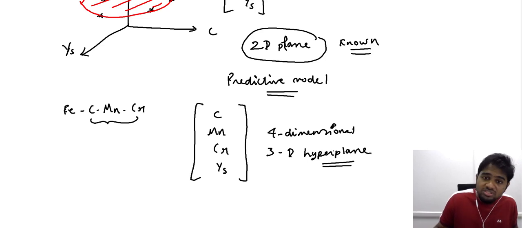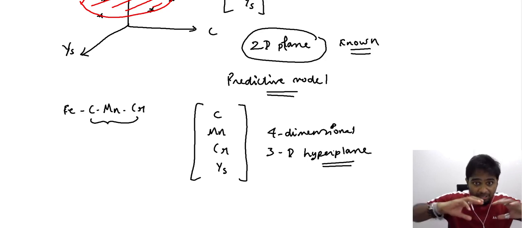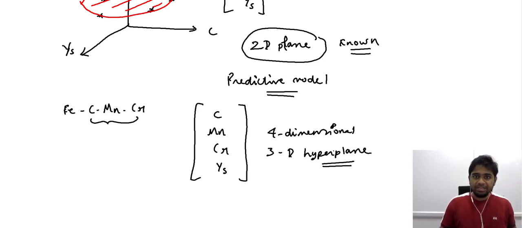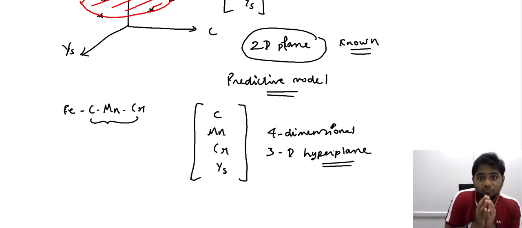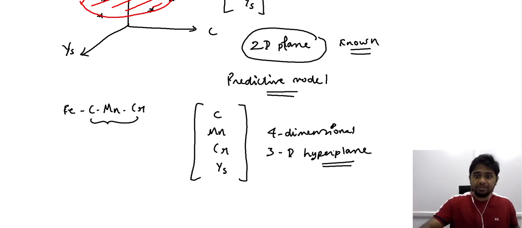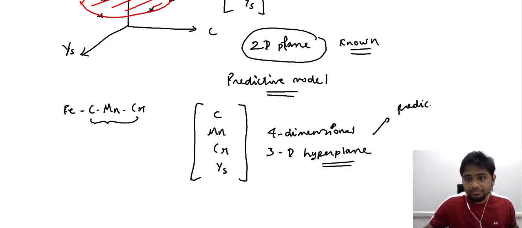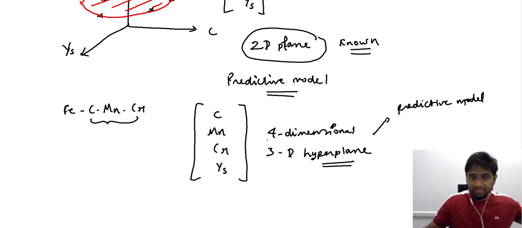So it is possible for us to fit a hyperplane through these data points, and once we describe it, we will again be able to build a predictive model for a multi-dimensional data set, beyond 3 dimensions.